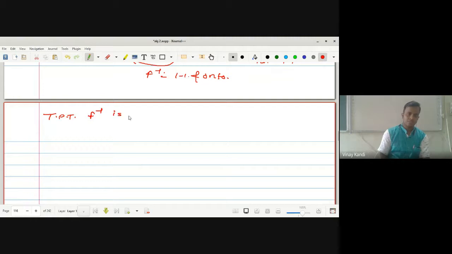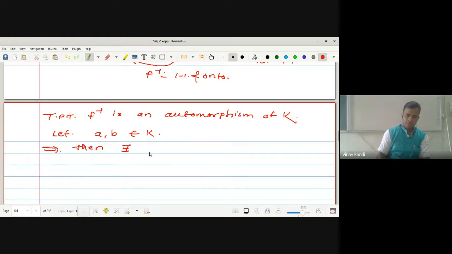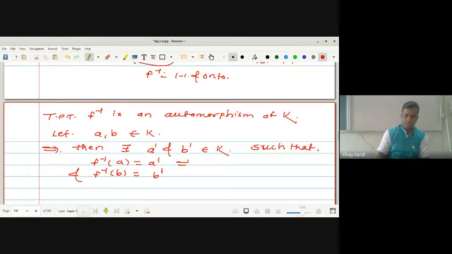Now let A and B be two elements from the domain K. Then there exist A dash and B dash belonging to K such that F inverse of A is equal to A dash and F inverse of B is equal to B dash.